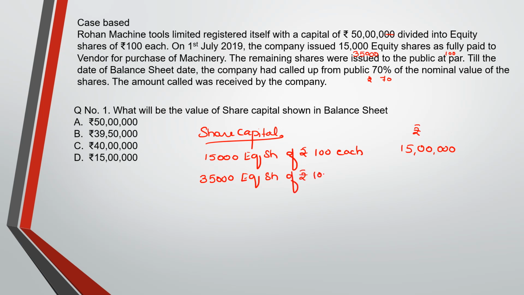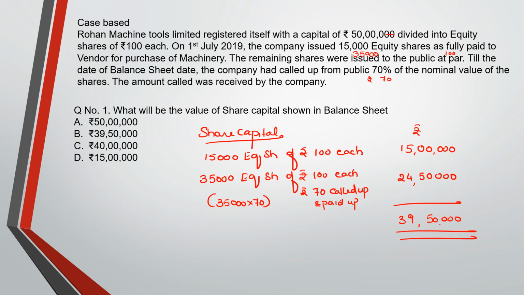They are also of rupees 100 each, but it is only rupees 70 called up and paid up also, because they have said it has been received by the company. So 35,000 into 70 would be the amount in the share capital, that would come to 24,50,000.